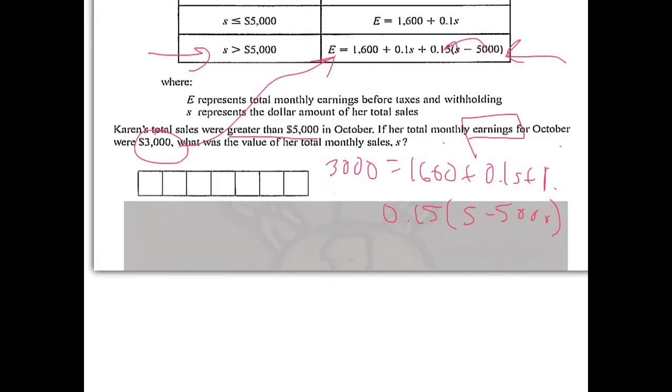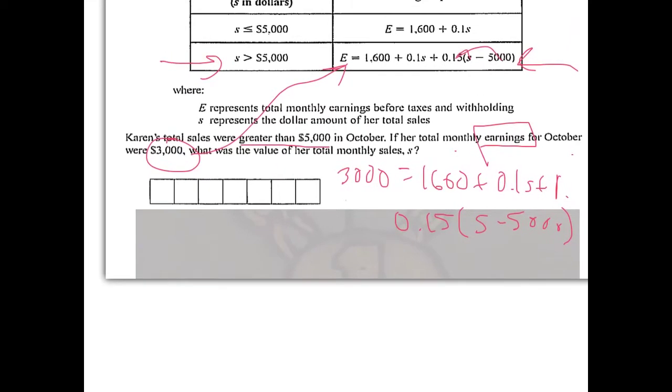If you distribute over here, we should get 3,000 equals 1,600 plus 0.1 S plus, I'm going to distribute that, so that'll give me 0.15 S, and if you distribute 0.15 S times 5,000, you get minus 750.